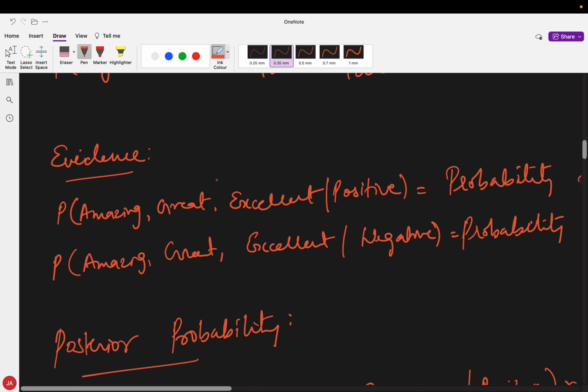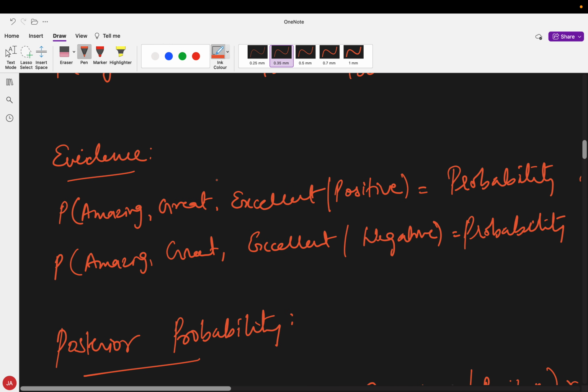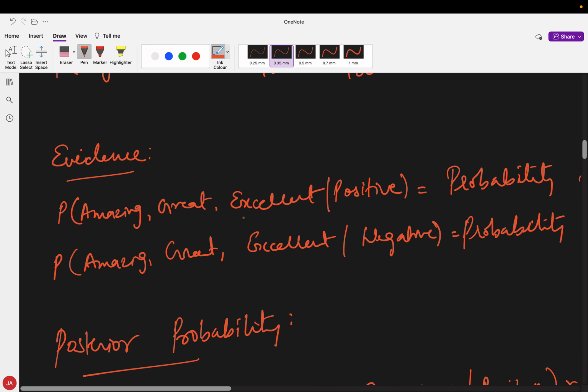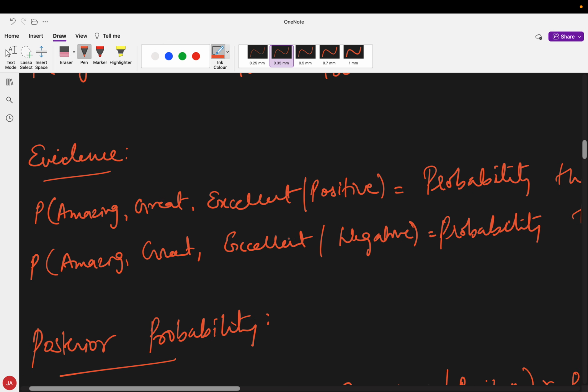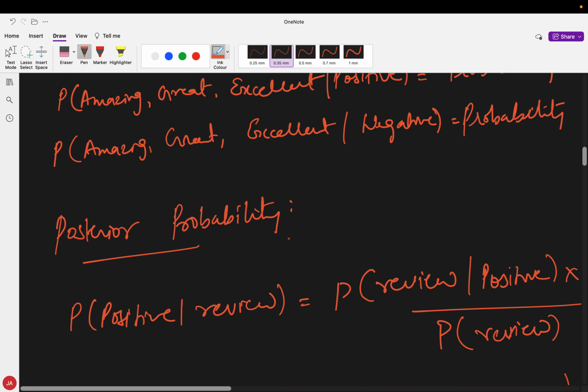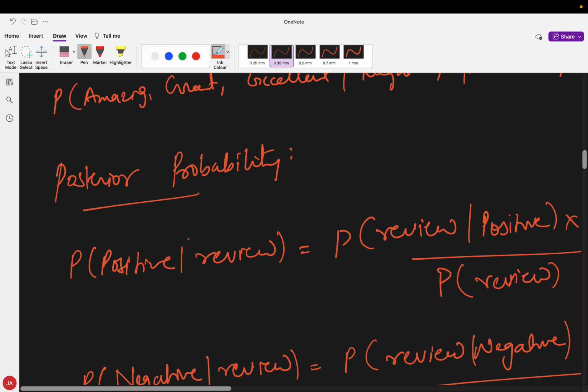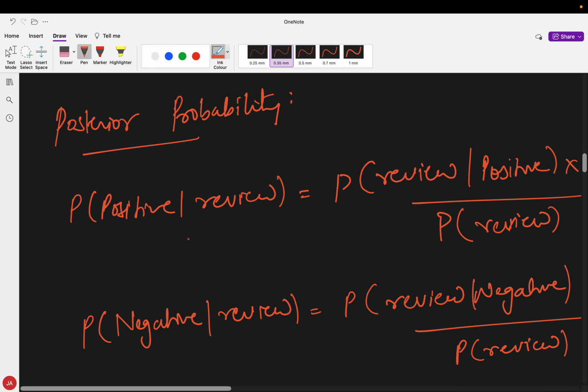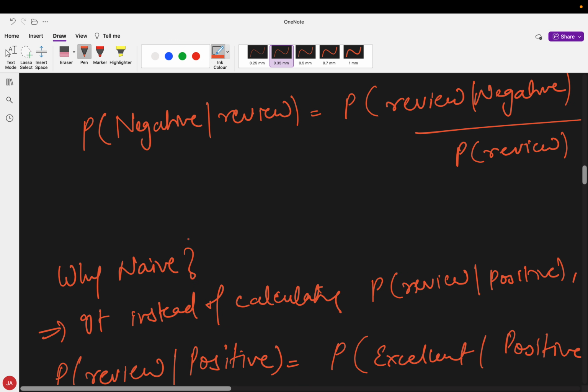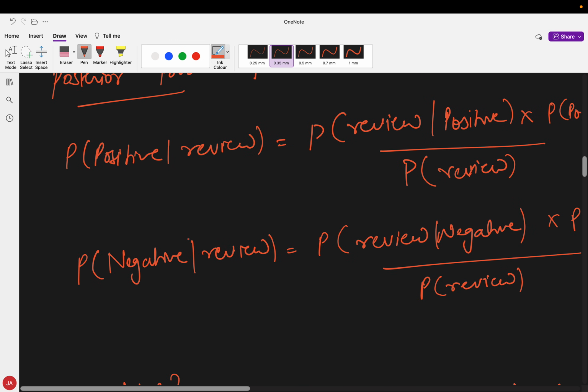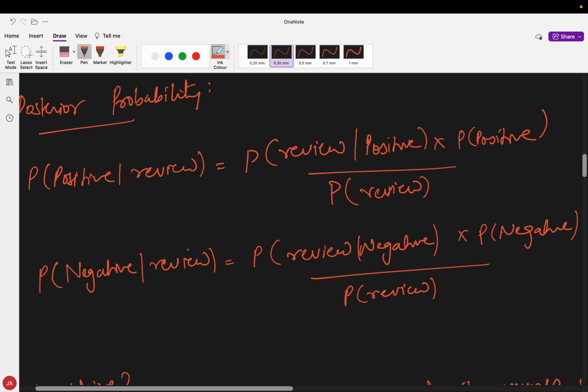Then we have to observe the evidence: the words amazing, great, excellent, and all the other words occurring in the positive class, and the evidence of amazing, great, and excellent occurring in the negative class. So we build this because it will help determine the posterior probability. Now we have to build a co-occurrence matrix to calculate this, right?